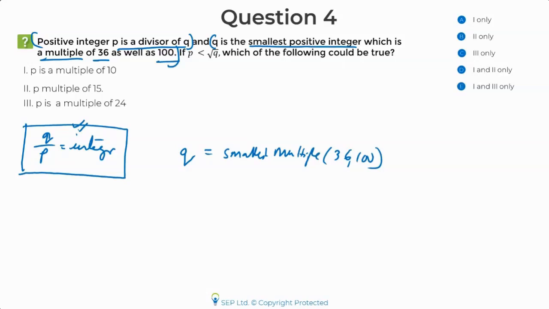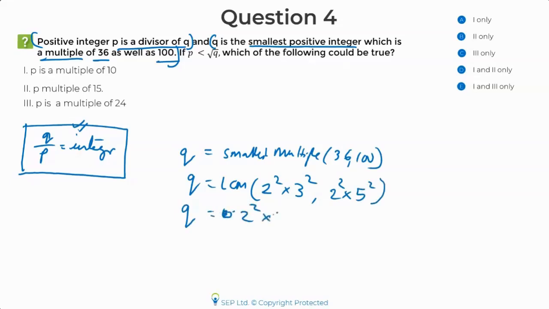I can see most of you are saying the correct answer, which is absolutely good. 36 is 2 square times 3 square. 100 is 2 square times 5 square. So Q is going to be 2 square times 3 square times 5 square. This would give me Q as 900.